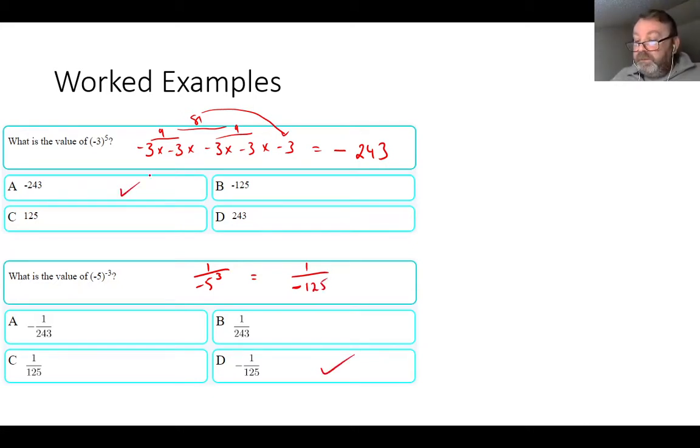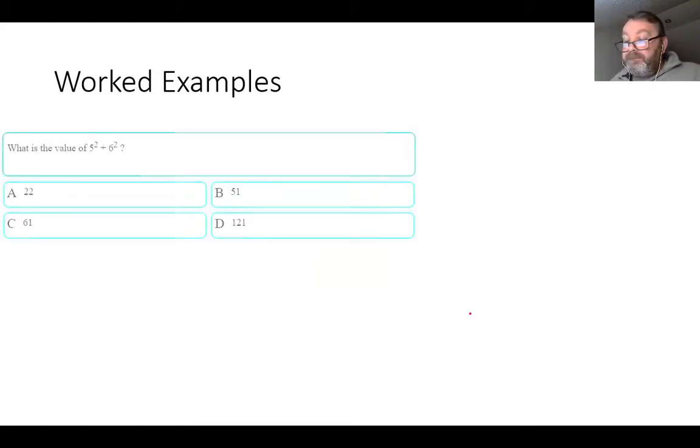That's it. Okay. Last one. What is the value of 5 squared plus 6 squared? Now, I want to point out something here. The base numbers, 5 squared and 6 squared. There's a golden rule which you may remember from your junior cert, which states that if the base numbers you're using don't match, then you simply have to take each term on its own merit.